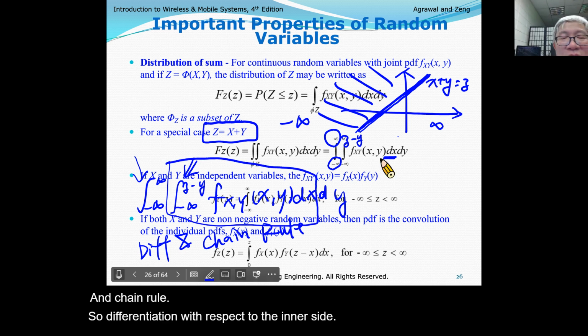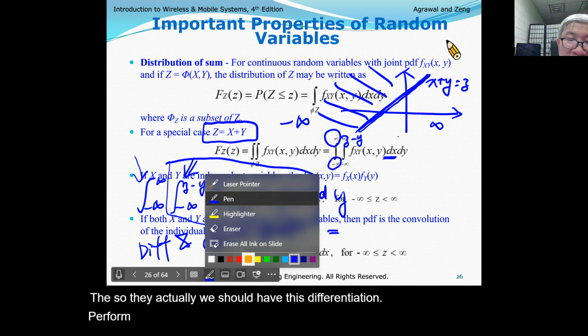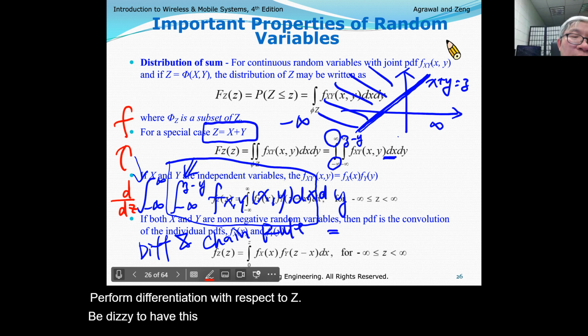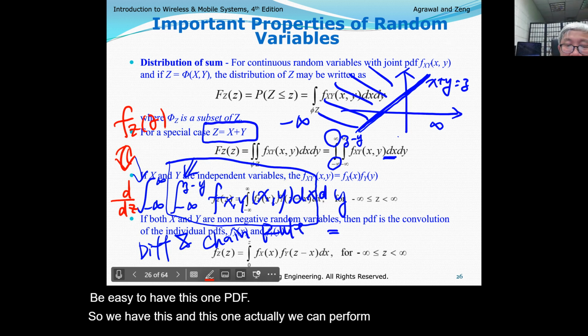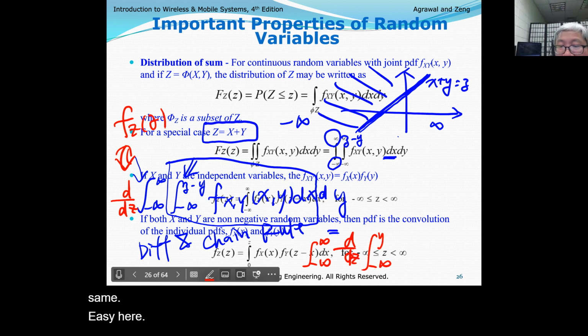So we perform differentiation with respect to z, dz, to have this one, the PDF of z. The outside stays the same, and dz here, z minus y.